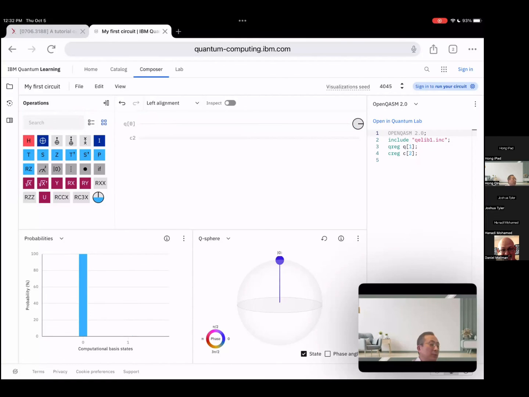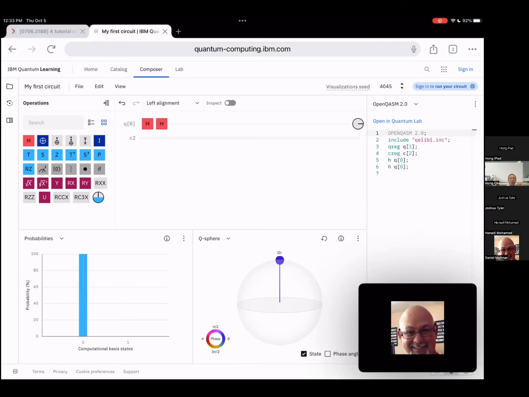Then we add a Hadamard gate. Now we have superposition with the north cat 0 and the south cat 1, and then we add another Hadamard gate there. It goes back to the north, 100% to the north. This is a very good example of quantum interference.